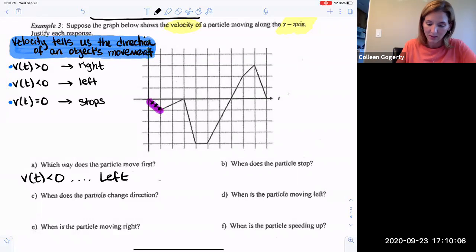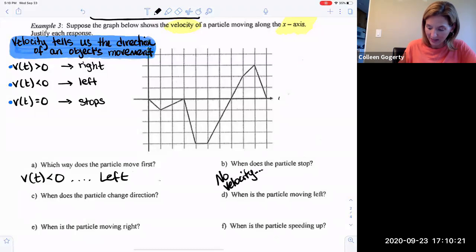Okay, let's get rid of that. When does the particle stop? If the particle is stopping, then it should have no velocity. Now, when I say no velocity, I mean a value of 0.